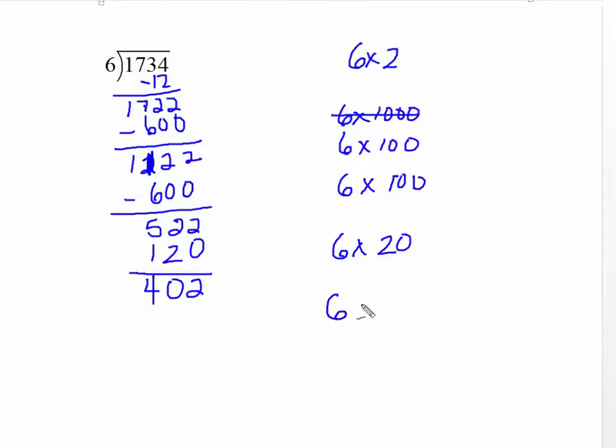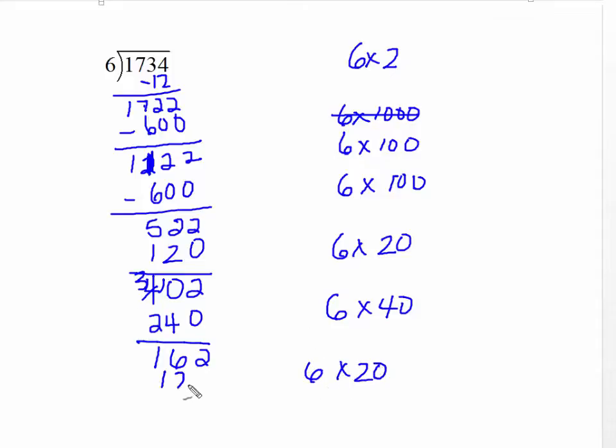What if I did 6 times 40? And I subtract that. Now I'm doing another 6 times 20. As you see, every time I'm basically stripping away groups of 6.